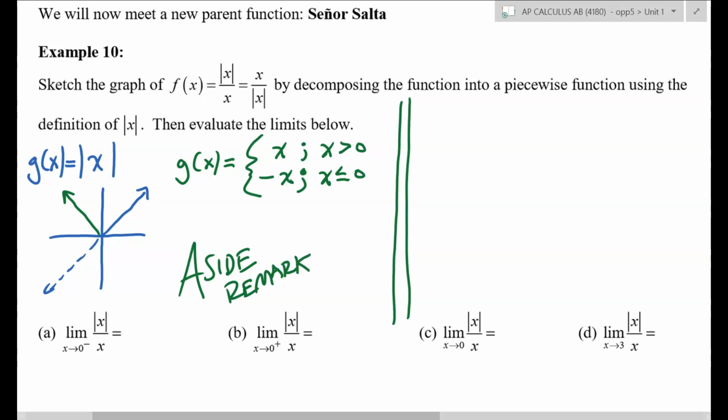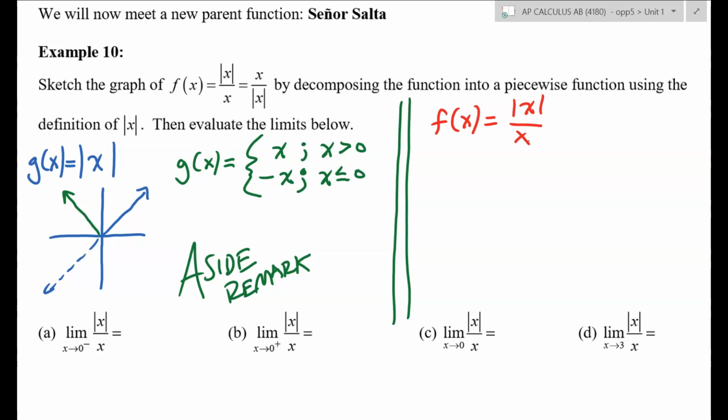All right, so let's do this problem. On this problem, we want to take this and decompose that. Well, guess what? We're just going to take the previous thing and apply it to this.